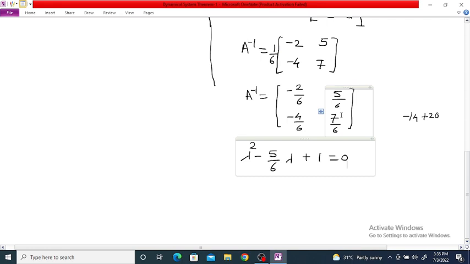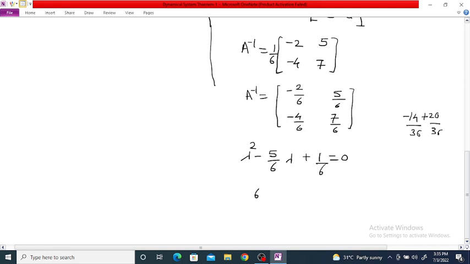Minus 2 into 7 is minus 14 by 36, and plus 20 by 36, so this is 6 by 36, it is 1 by 6.